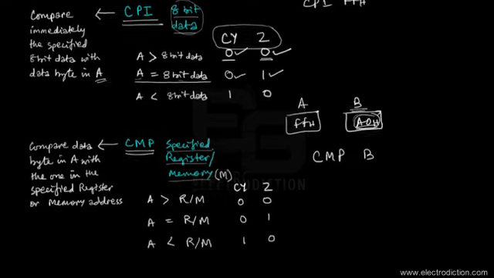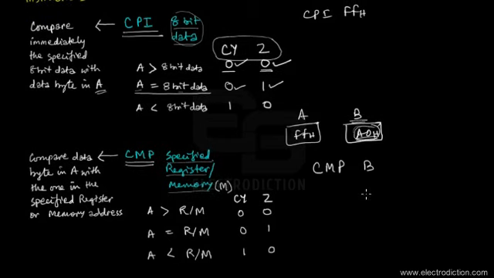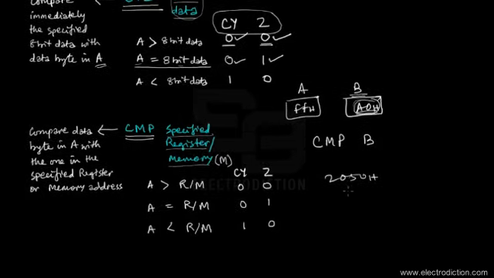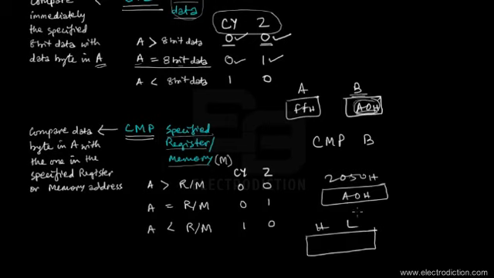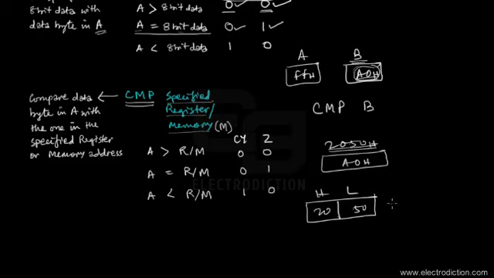And if this data byte A0H were present in some memory location, let's say 2050H, and we had loaded the HL register pair with this memory location, then we could refer to this 16-bit data in the HL register pair as M, since it points to a valid memory location.